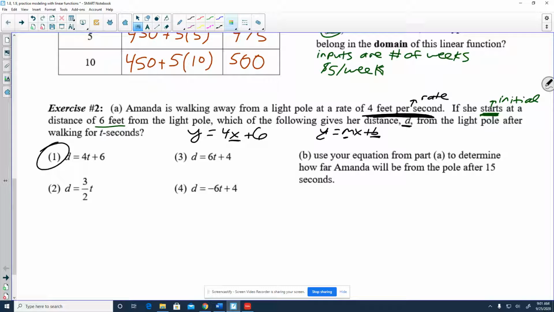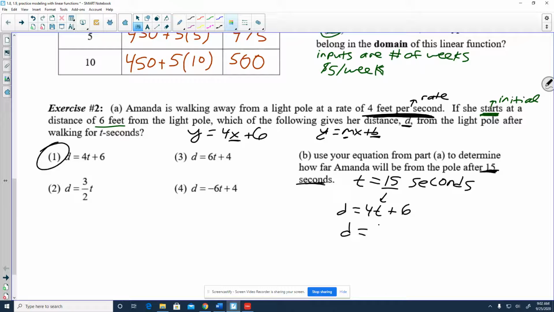Okay? Now letter B, use your equation from part A to determine how far Amanda will be from the pole after 15 seconds. So 15 seconds is our t. So we need to evaluate what is the distance after 15 seconds. So if our t is 15, all we're going to do is plug in 15 for t.